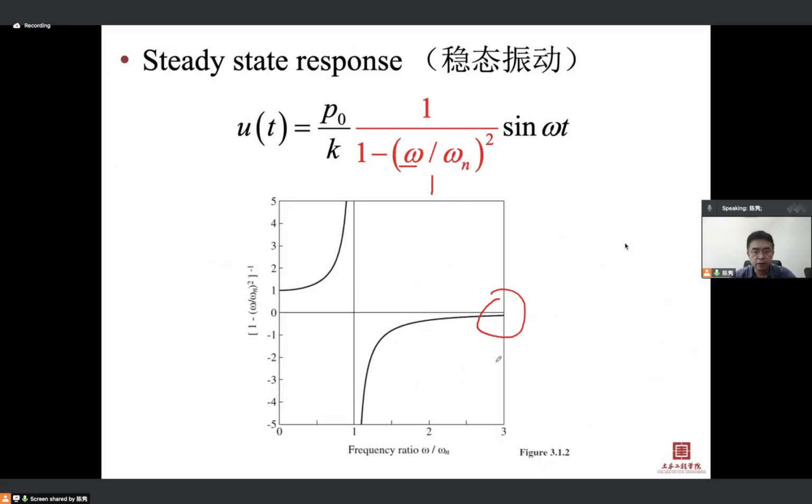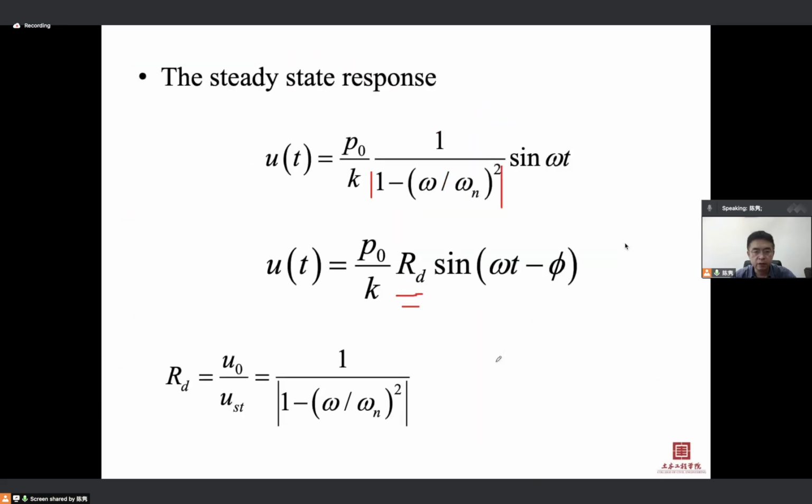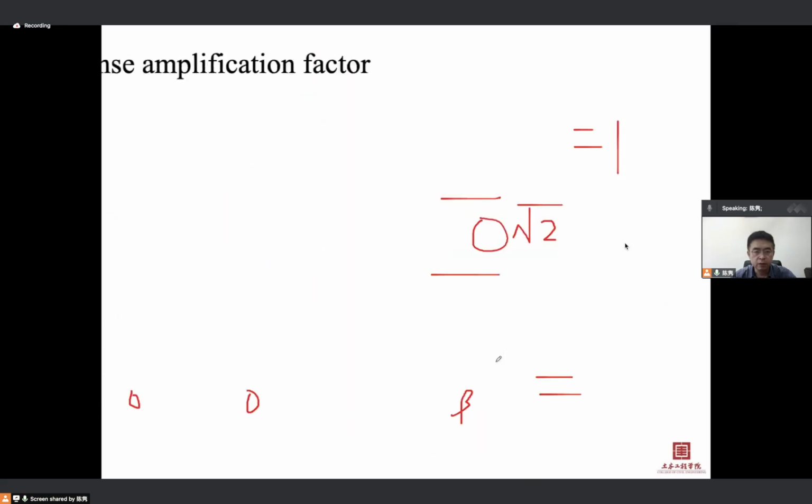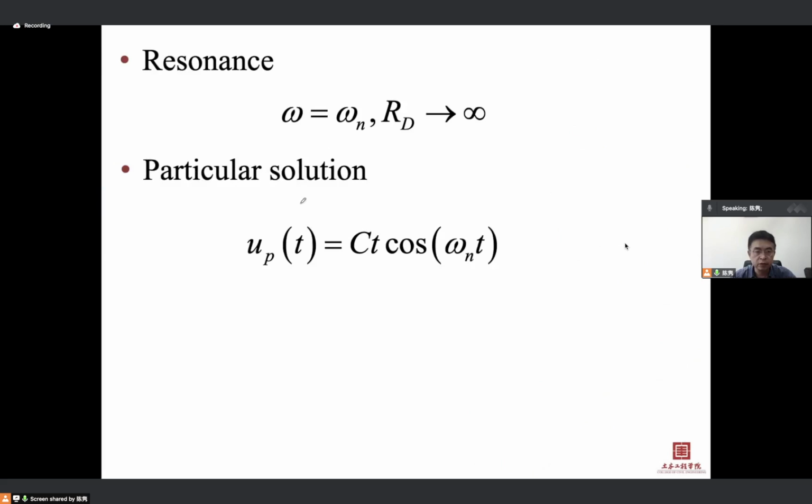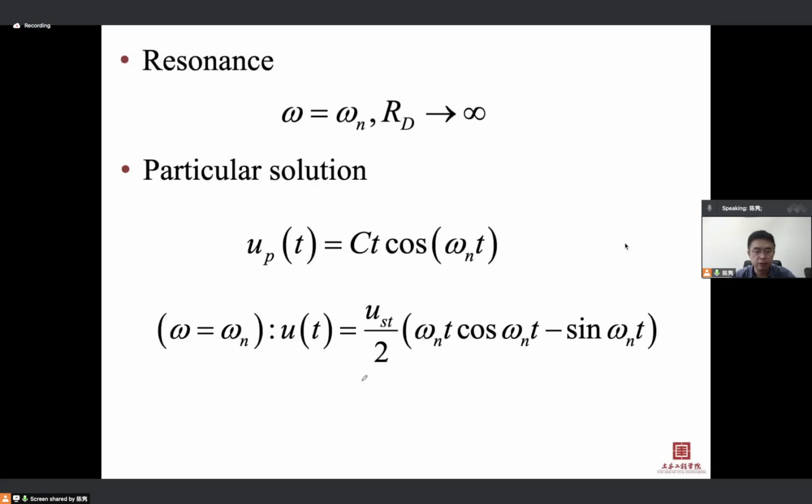At the resonance case, we change the particular solution to C t cosine omega n t, because here omega equals omega n. C is an unknown coefficient, so C t times cosine omega n t is the particular solution.